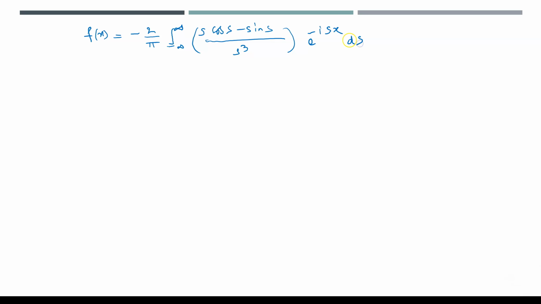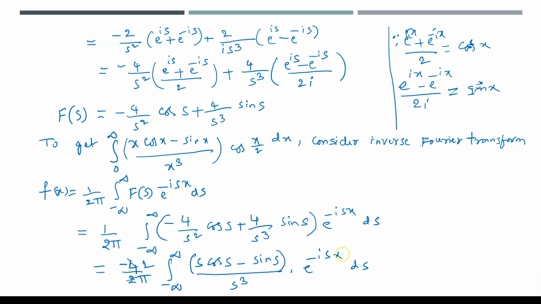So let us write f(x) equal to minus 2 by pi integral minus infinity to infinity s cos s minus sin s upon s cube into e power minus isx ds.